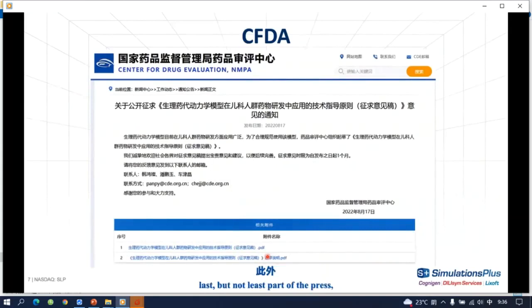And finally, last but not least, hot off the press, just about 2 weeks ago, CFDA released their guidance, which is now specific for use of PBPK modeling in the pediatric applications. So again, different markets, different agencies from around the world, they are all recognizing the value of PBPK modeling in pediatric drug development. And they are not only willing to consider the applications, they are actually expecting it.